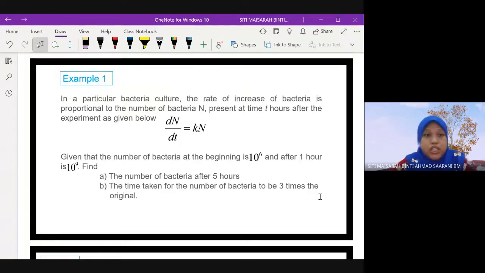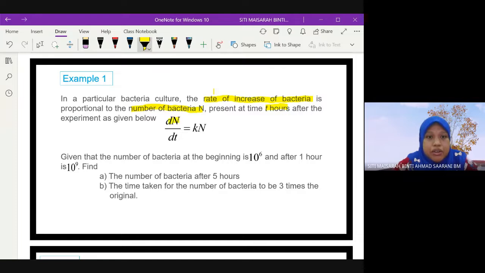Okay, this is page 60 ya. Okay, example 1. In a particular bacteria culture, the rate of increase of bacteria is proportional to the number of bacteria present at time t hours after the experiment as given below. dn over dt is equal to kn.